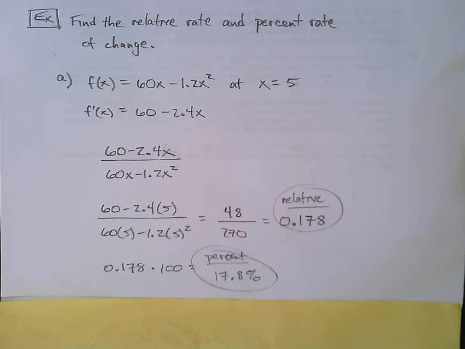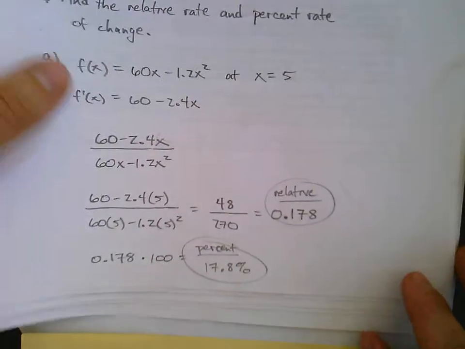Depending on the circumstances and the context, a percent rate of change of 17.8, or the equivalent relative rate of change 0.178, might be a lot. Wow, it's increasing at 17.8%. That might be huge, or maybe in another context, it's not so much. Let's try one more.